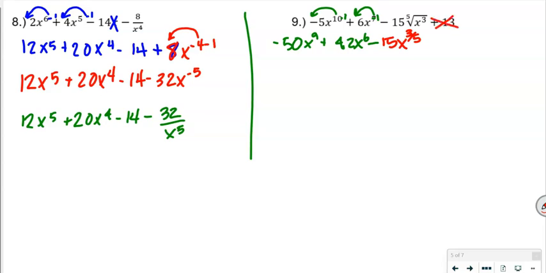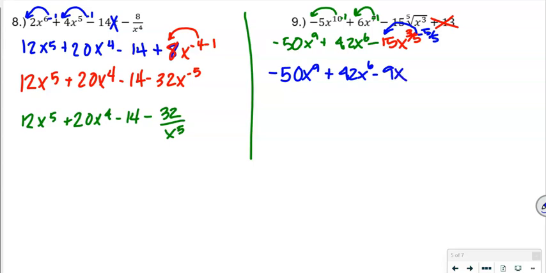Okay, so on this one, what are we about to do? We're about to multiply this up here and then subtract 5 over 5 from it, right? So we're going to just bring this down, minus 50x to the 9th plus 42x to the 6th. And 3/5, 15 divided by 5 is 3. 3 times 3 is 9, right? So that's going to be minus 9.